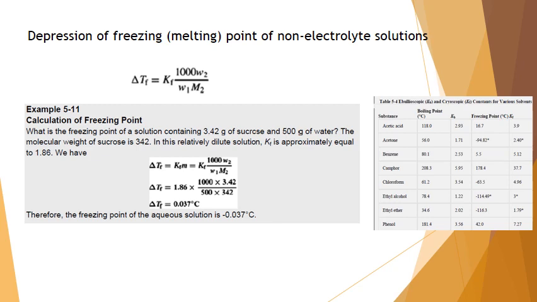So the delta Tf is equal to 0.037 degrees centigrade, and the freezing point of the aqueous solution of sucrose is minus 0.037, because the normal freezing point of water is 0, and we have a depression of 0.037 degrees centigrade, so the freezing point in this case of the aqueous solution is minus 0.037 degrees centigrade.